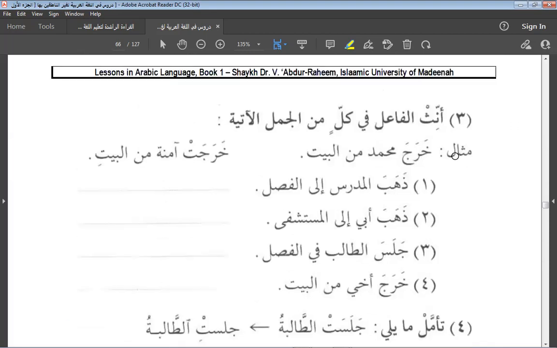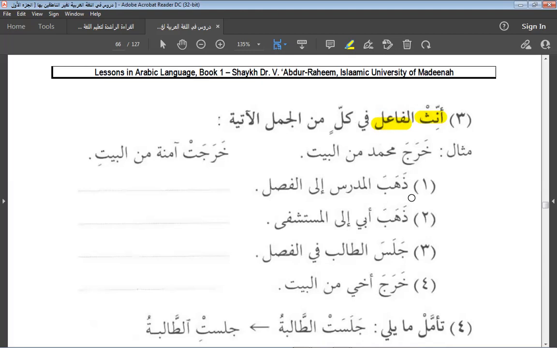Okay. Now, this instruction, he says, أنث الفاعل في كل من الجمل الآتية. أنث. أنث means اجعله مؤنث. Make it feminine. Let's make the fa'il, as we've said, the doer in the verbal sentence, says make it in each sentence, في كل من الجمل الآتية, in each of the following sentences.